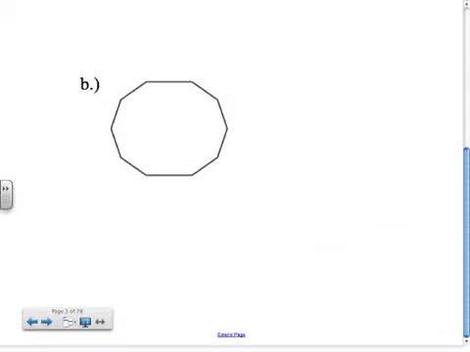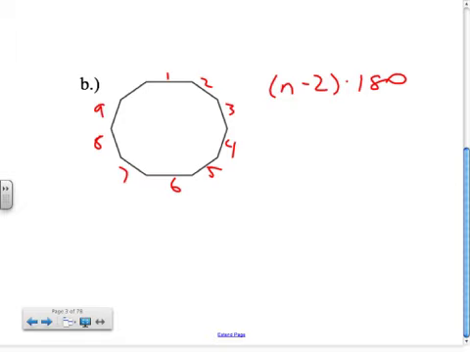Again, my suggestion now would be to pause the video and see if you have this. But again, if not, then interior angle sum, n minus 2 times 180. There's 1, 2, 3, 4, 5, 6, 7, 8, 9, 10. So it's a decagon. And so, again, my n is just 10 now. So I have 10 minus 2 times 180.